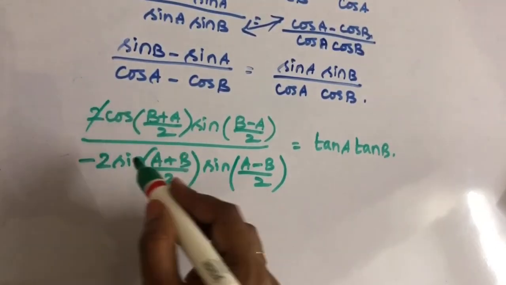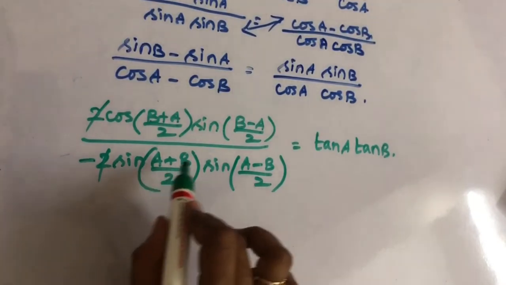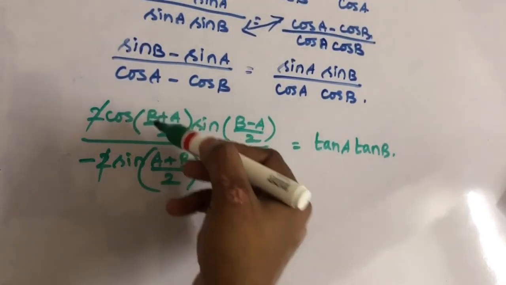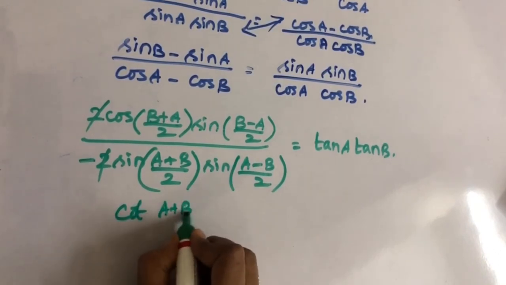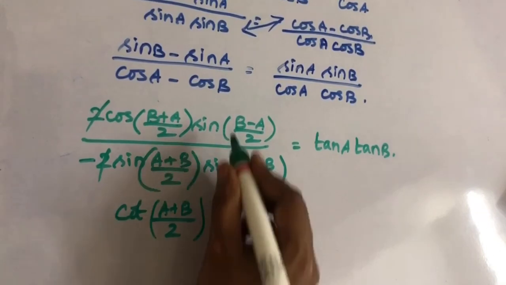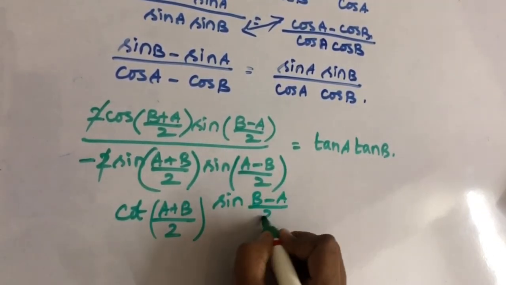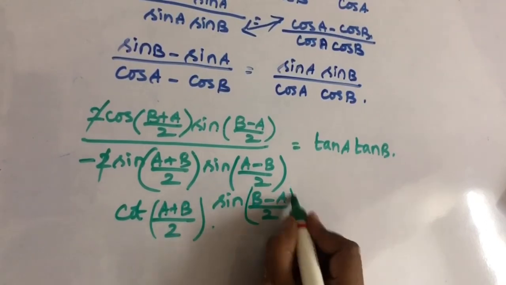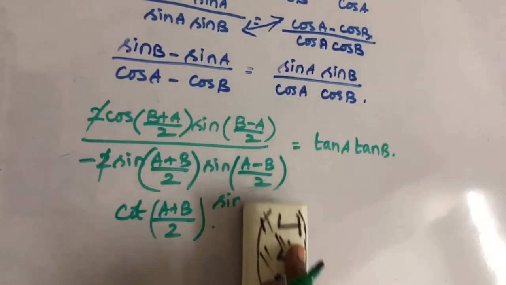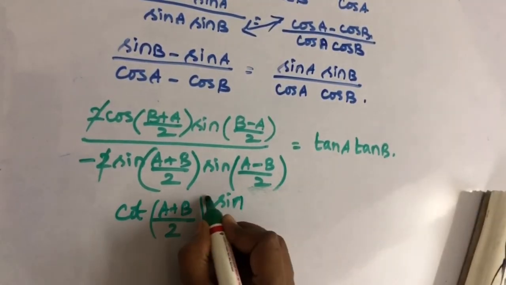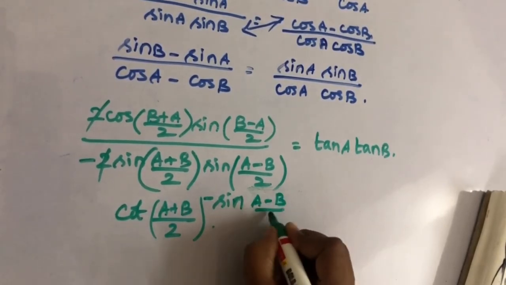So 2 and 2 will get cancelled. Cos (B plus A) by 2 over sin (A plus B) by 2. So cos by sin, I write it as cot (A plus B) by 2, into, in the numerator it is sin (B minus A) by 2. Okay, if I take a minus outside, it will become minus sin (A minus B) by 2.